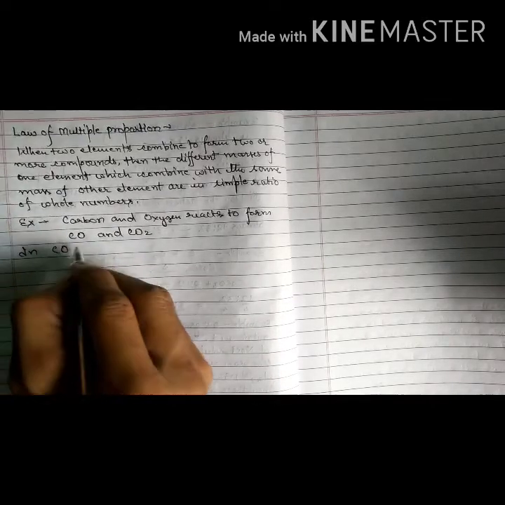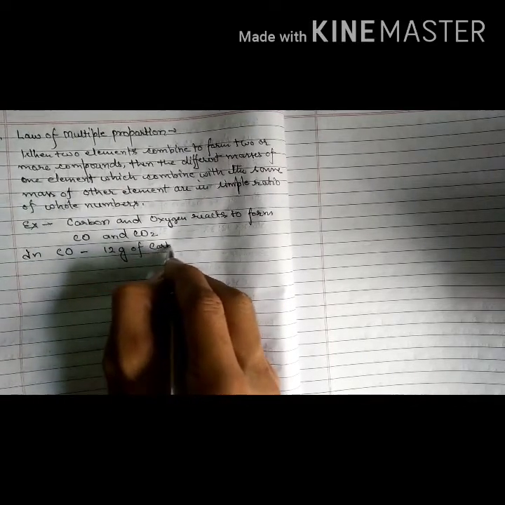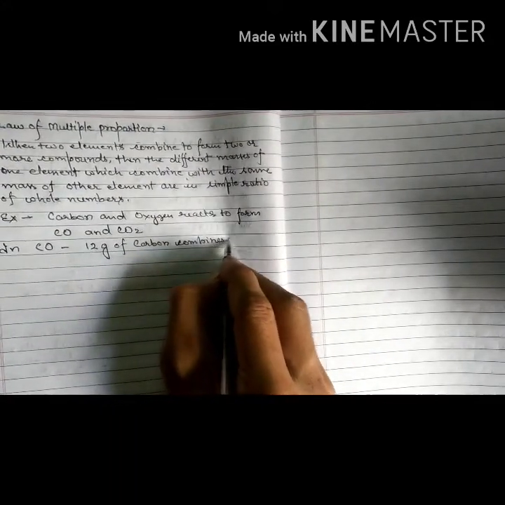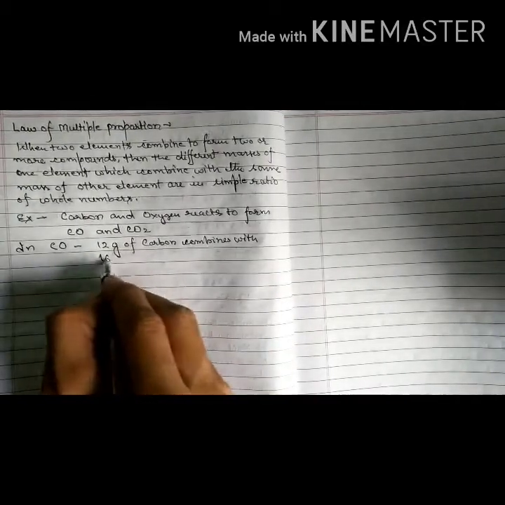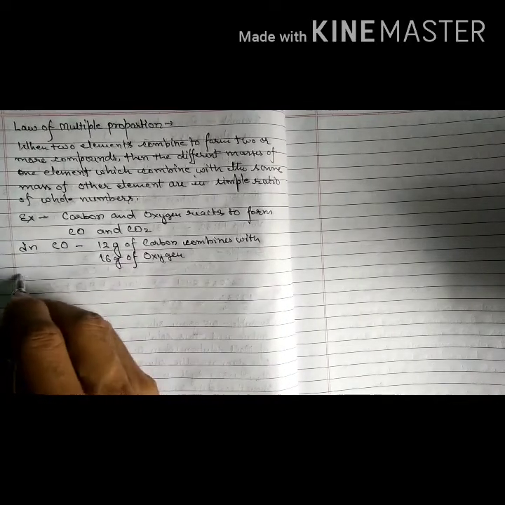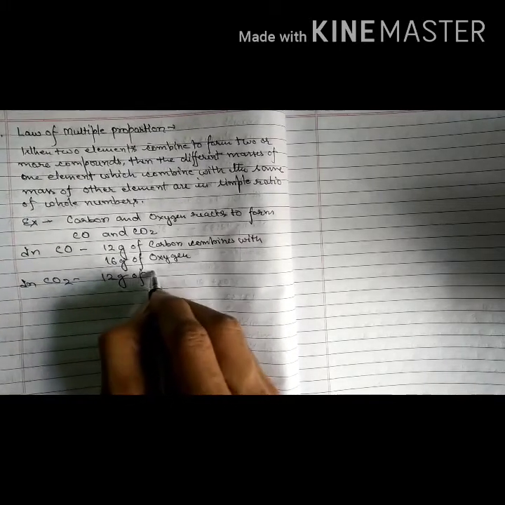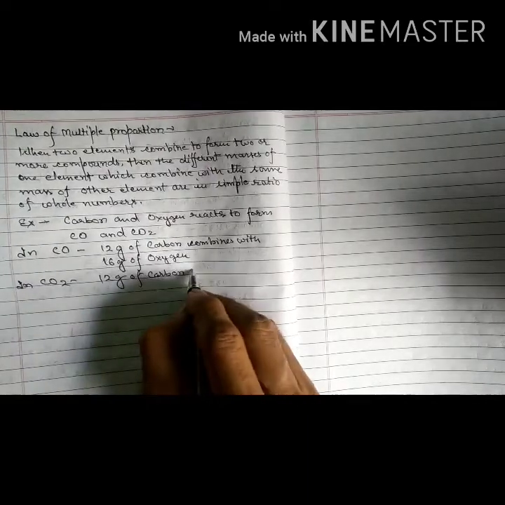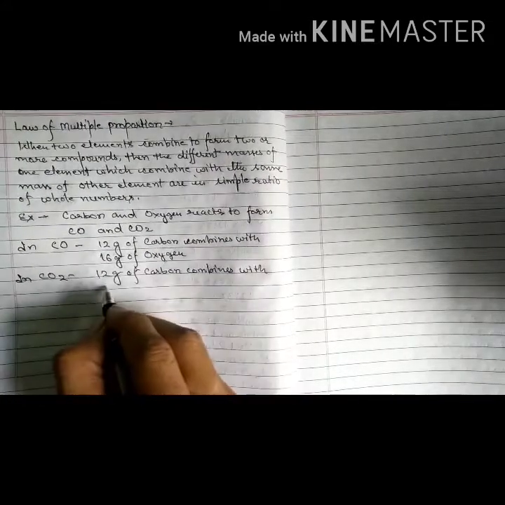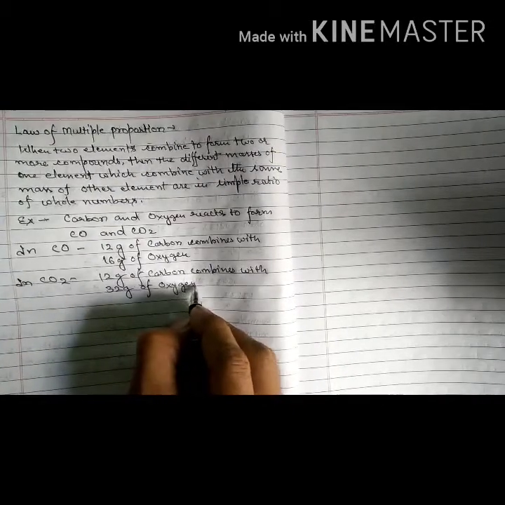In carbon monoxide, 12 gram of carbon combines with 16 gram of oxygen, and in carbon dioxide 12 gram of carbon combines with 32 gram of oxygen.